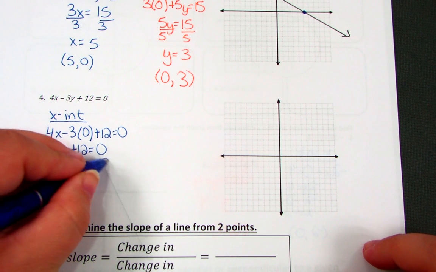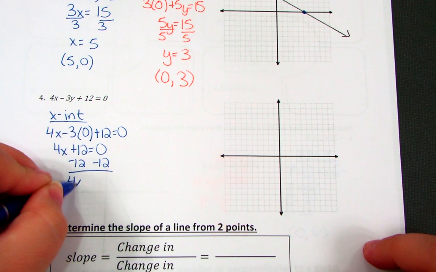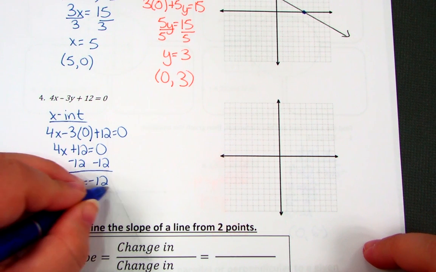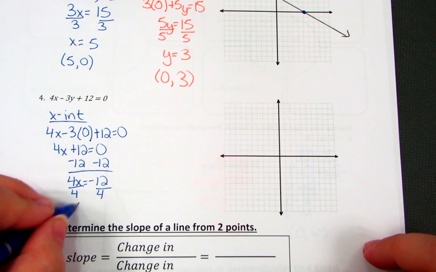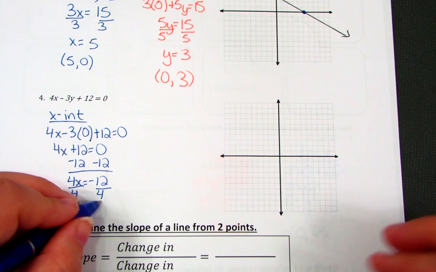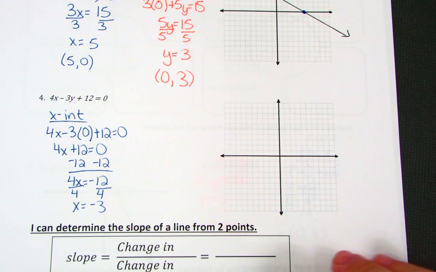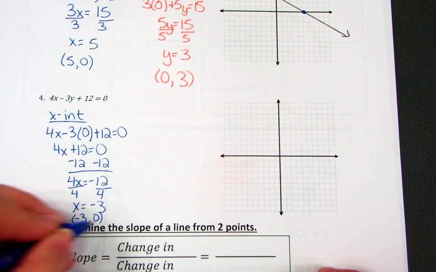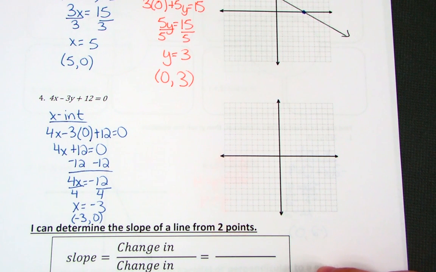Subtract 12 from both sides. Divide by 4. So x is equal to negative 3, which means my x-intercept is negative 3, 0.